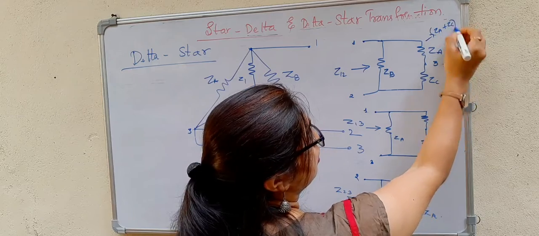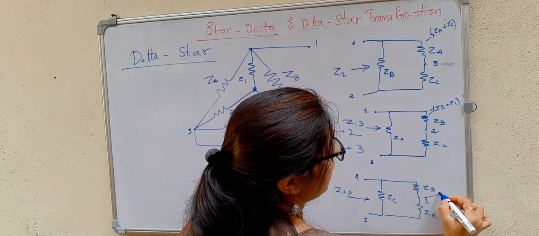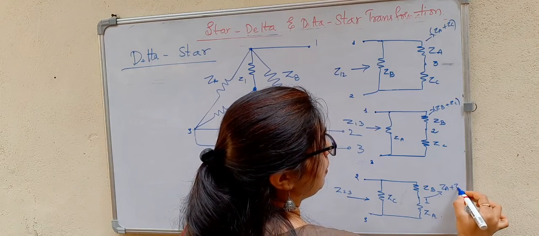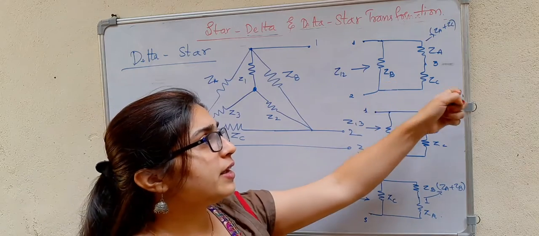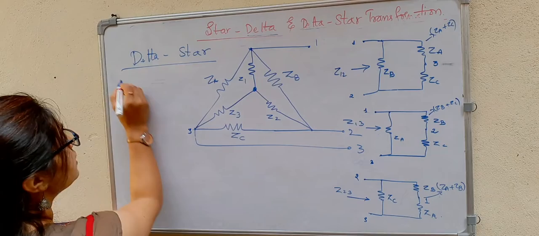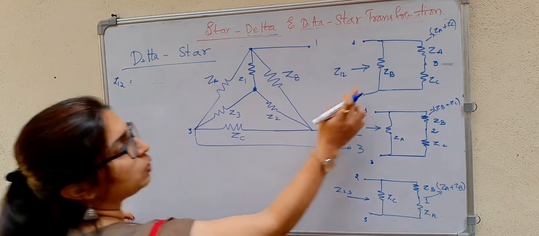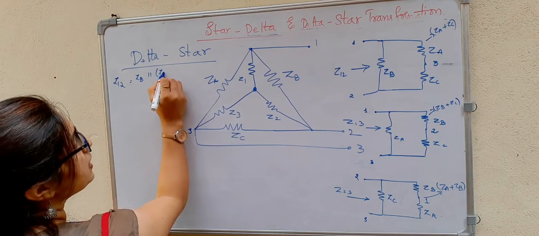This is ZB plus ZC, because they are in series. This is ZA plus ZB. Now we can see that ZB is in parallel with this series combination. So Z12 is equal to ZB parallel to ZA plus ZC.